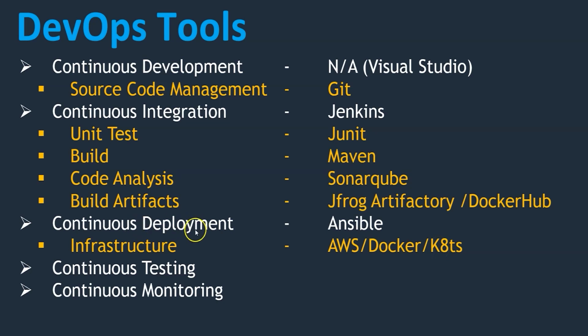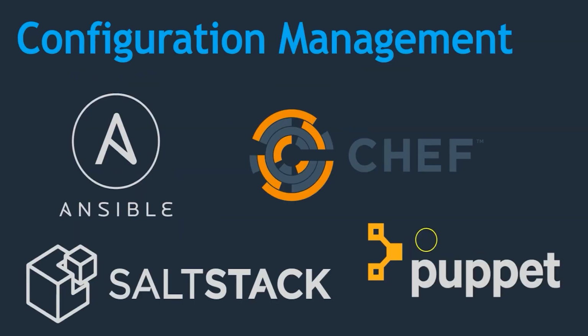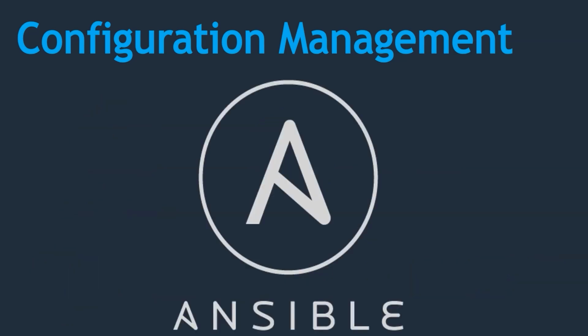Under continuous deployment, apart from infrastructure, we also need to maintain configuration management tools. Configuration management tools help us to provision these resources or maintain them appropriately. So the configuration management tools are Ansible, Chef, SaltStack, Puppet. These are the tools under configuration management. Among these, again we are using Ansible.